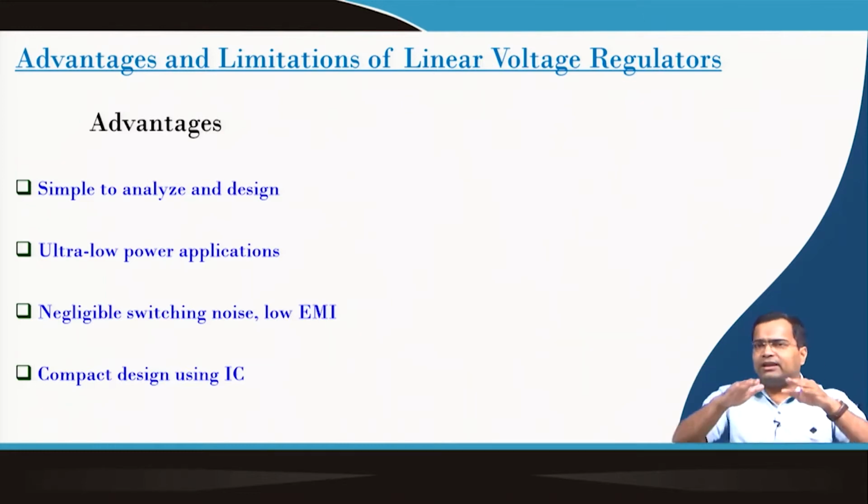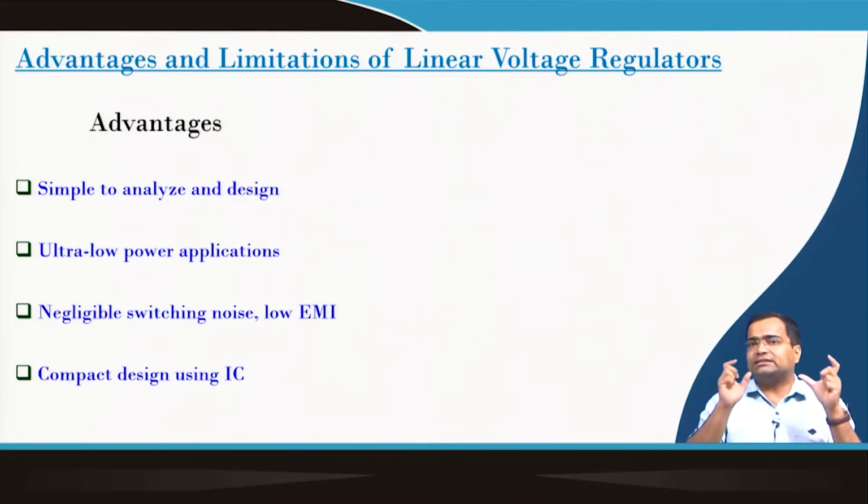Even though it is not highly efficient, we still need to limit the losses across the resistance, because the power loss will be converted into heat energy and it can heat up. So, with low power, that heat can be managed.